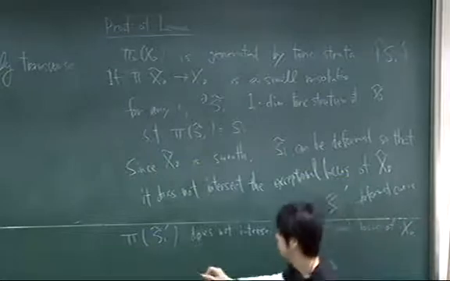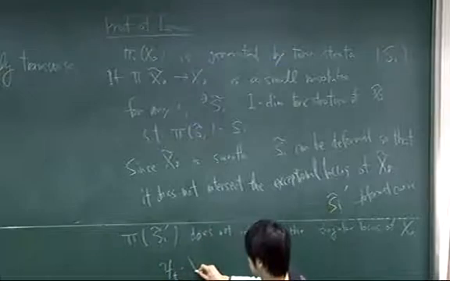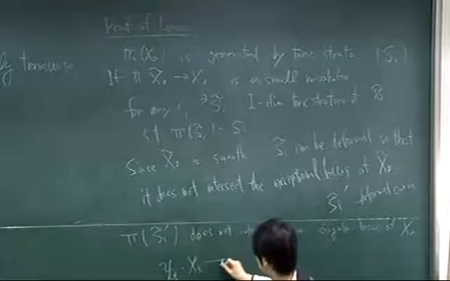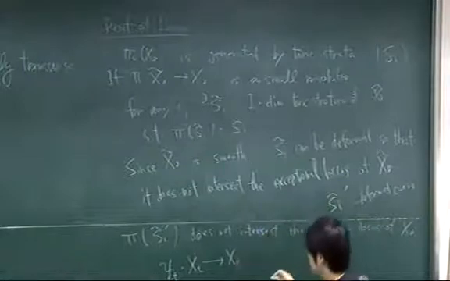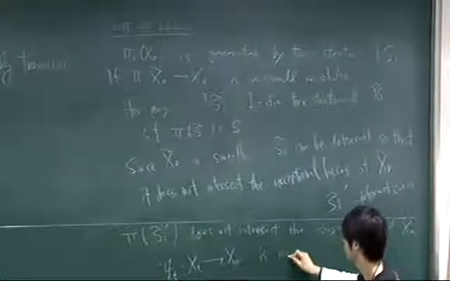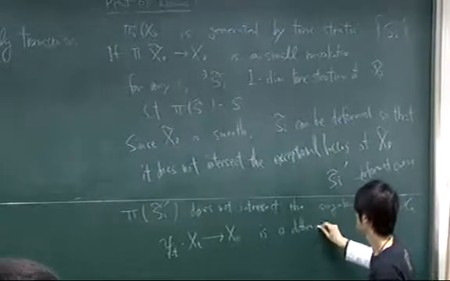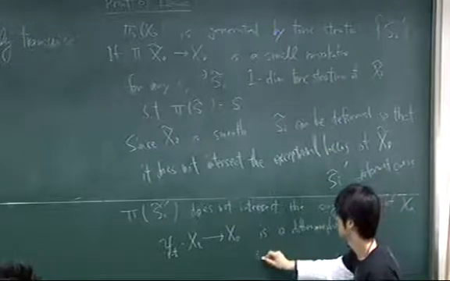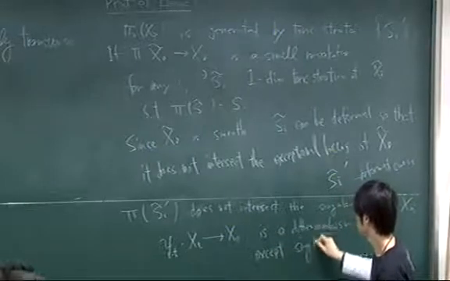And note that the map from, maybe this is 1 minus t, this maps x0 is a diffeomorphism, except the singular locus of x0.